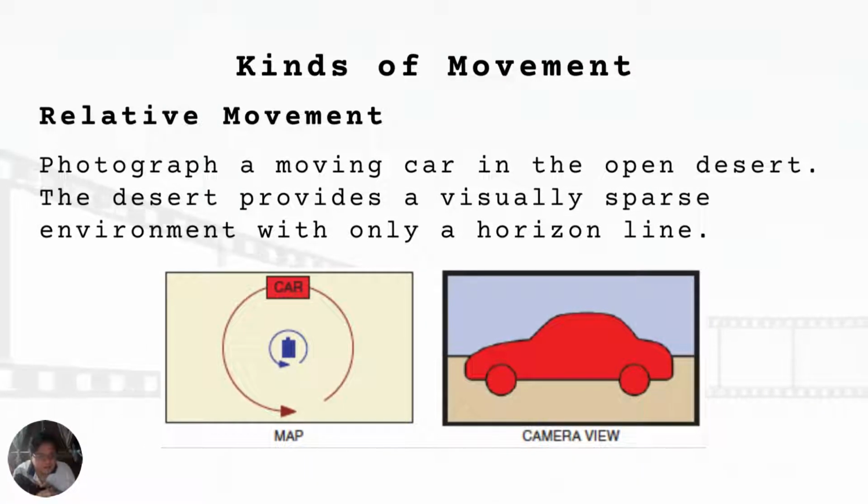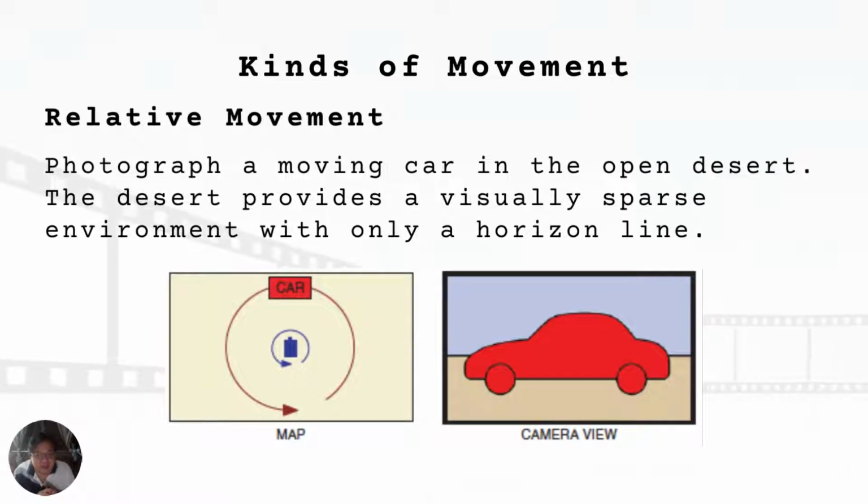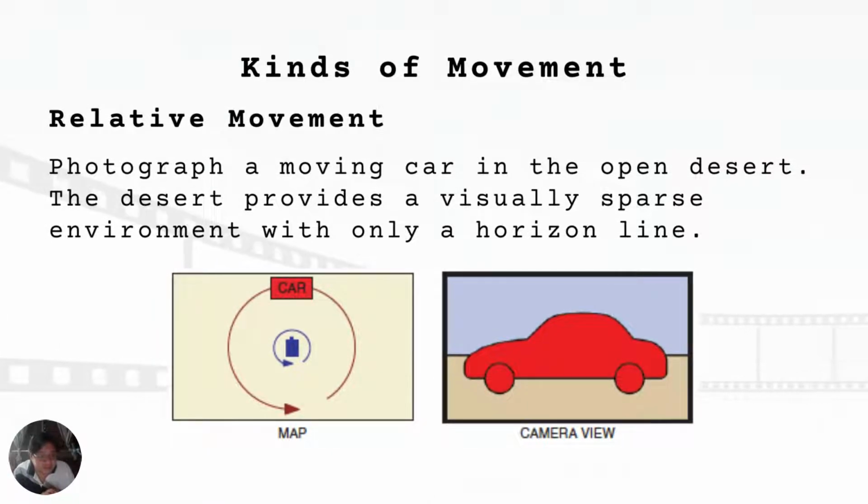Now, the film is a photograph of a moving car in an open desert. And the desert provides a visually sparse environment with only a horizontal line. So, ibig sabihin, wala kang nakikita, just the horizontal line because of the desert.